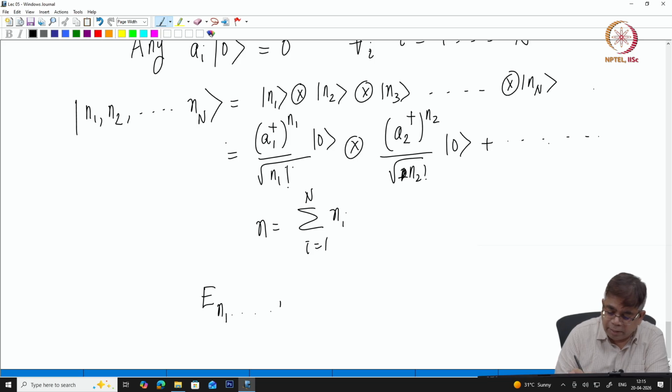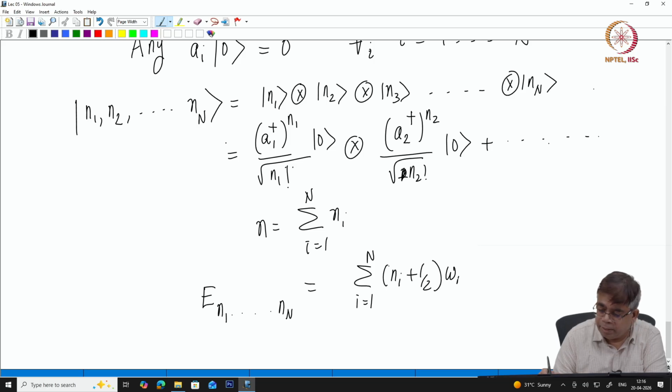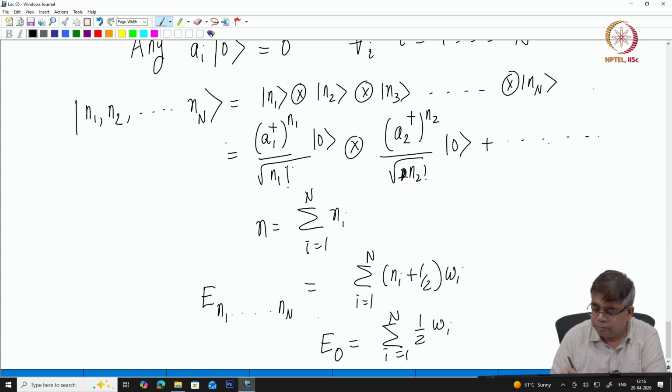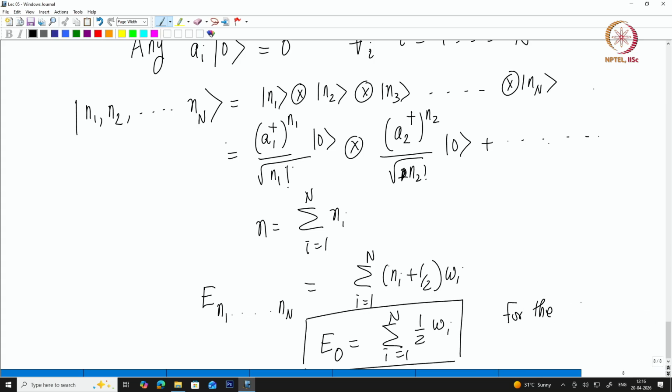The energy of the nth state is the sum over i equal to 1 to n of n_i plus half, times omega i, and in particular for the ground state.